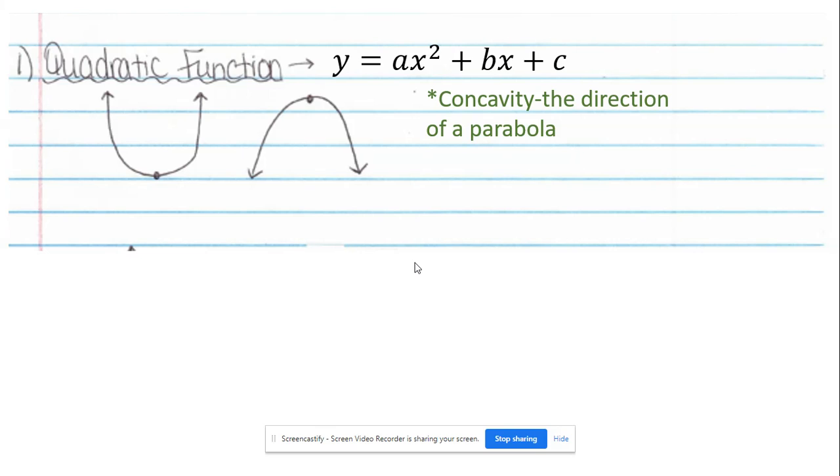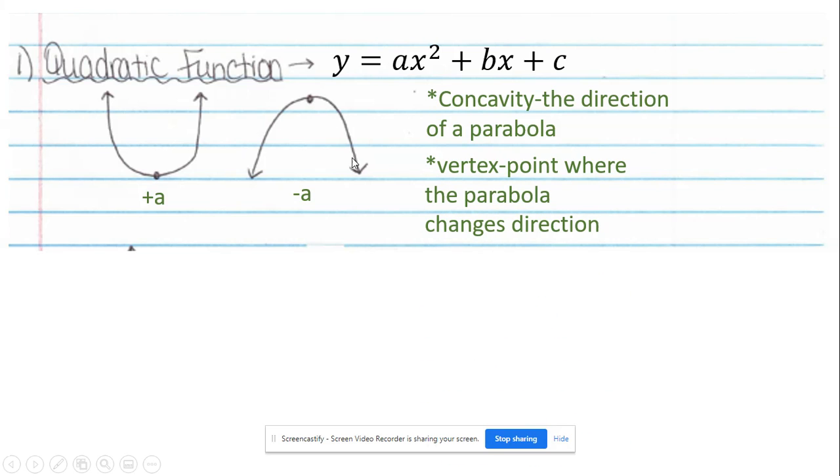And a parabola is just what they call the name of that curve. What causes the concavity? If there's a positive a value out front, so if this first number is positive, then it's going to be concave up. If that first a value is negative, then the graph will be concave down.